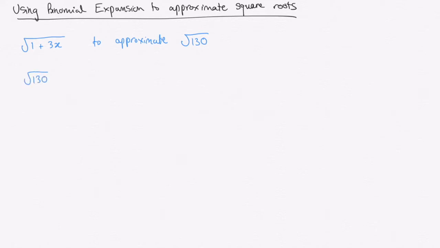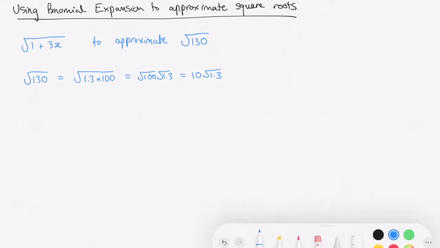Notice the square root of 130 is equal to the square root of 1.3 times 100, which is equal to the square root of 100 times the square root of 1.3, which is 10 lots of the square root of 1.3. This might seem a strange thing to do, but if we look carefully, we notice there are some similarities between these two.